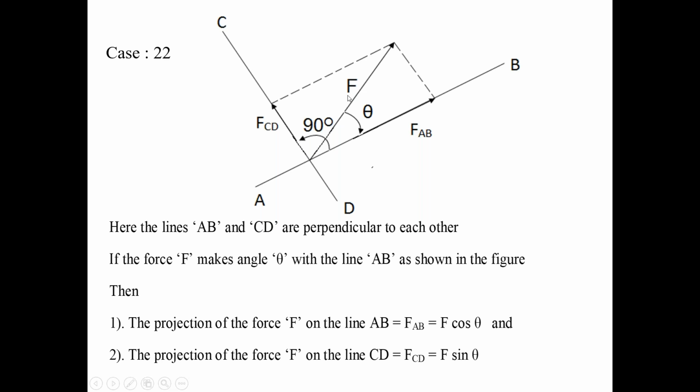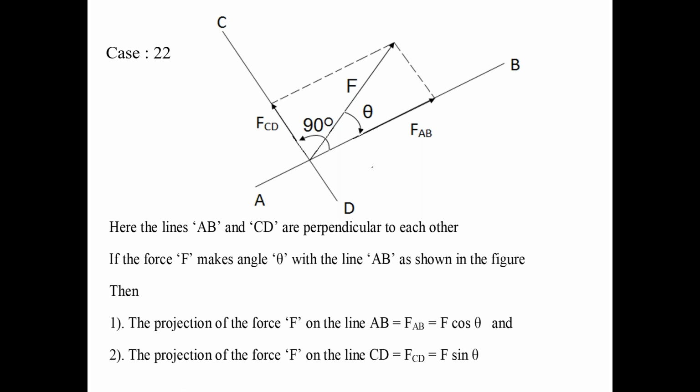The projection of force F on line CD, take this CD as y-axis. Since this angle theta is with the x-axis AB line, the projection of force F on the line CD, that is on the y-axis, FCD is equal to F sin theta.